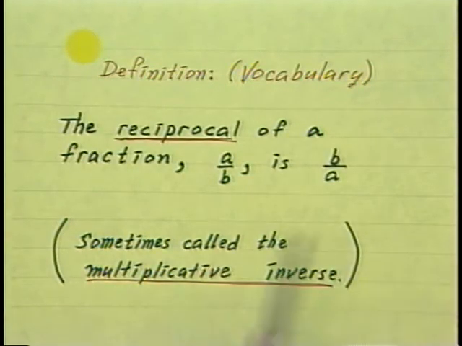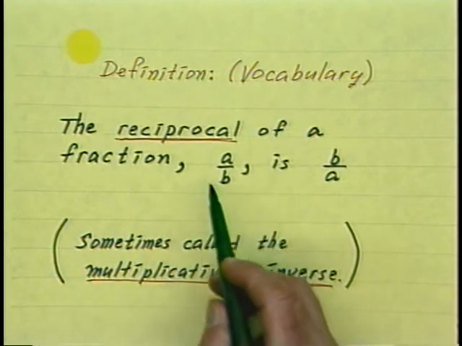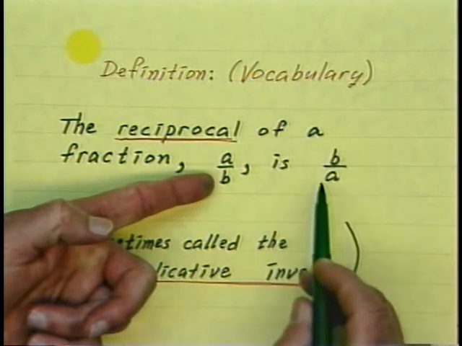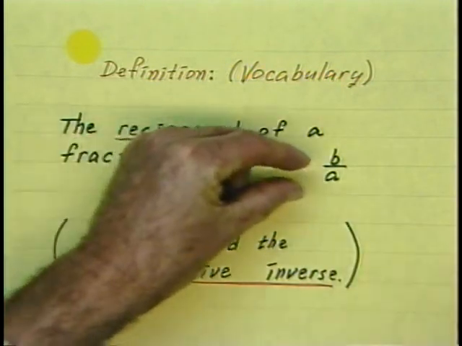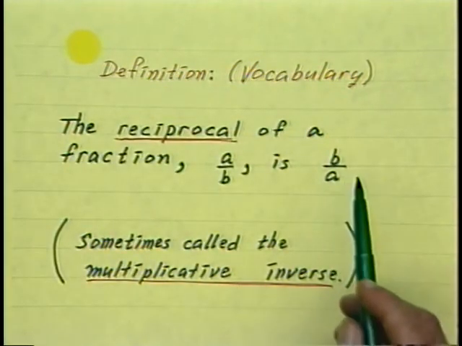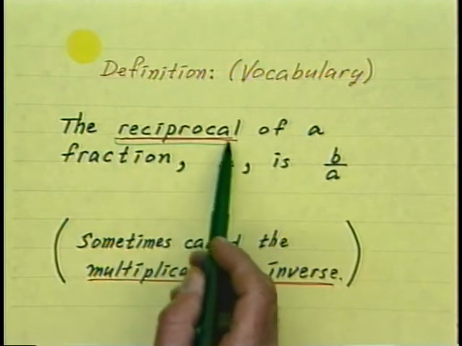Now, a special definition or vocabulary. If you have a fraction and you write that fraction, as most of us say, tipped upside down, really the numerator goes to the denominator and the denominator goes to the numerator to form a new fraction. We call that fraction the reciprocal of the other fraction.